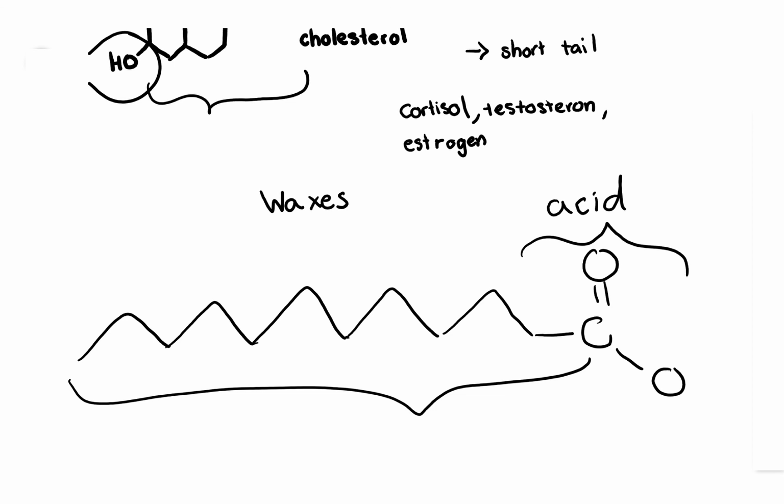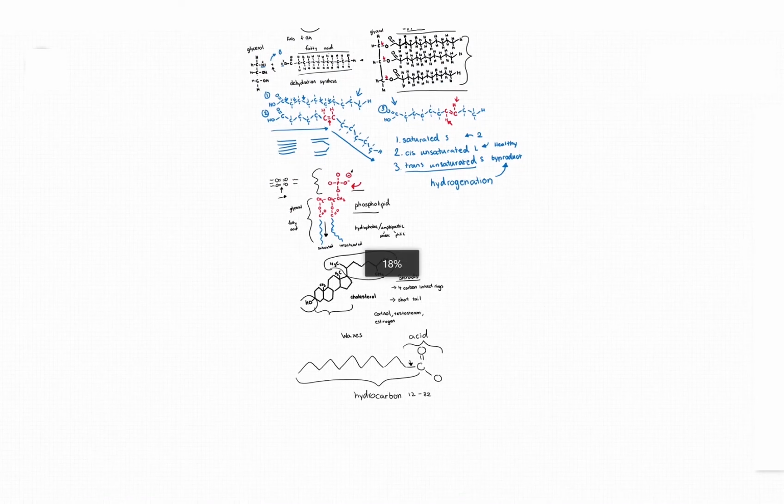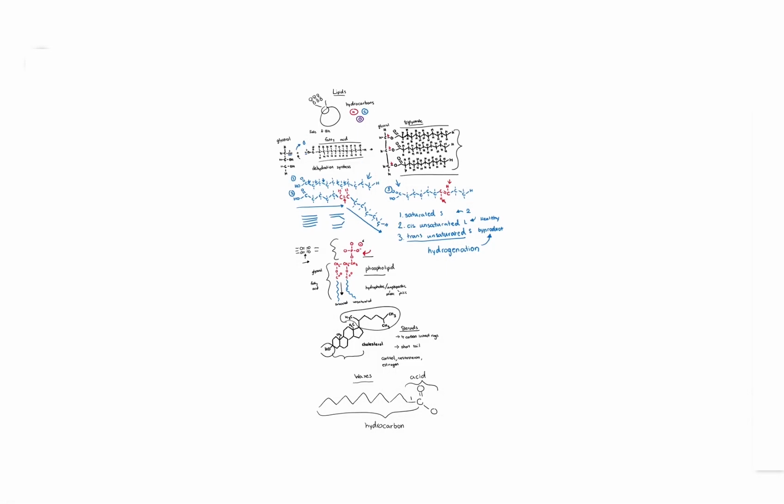And again, you find an ester bond linking these two together. Waxes can be found on leaves to prevent the loss of water, and the hydrocarbon contains between 12 to 32 carbon atoms. So these are carbons, and I haven't labeled them again, and you should probably get used to this when you further see these structures in the future.